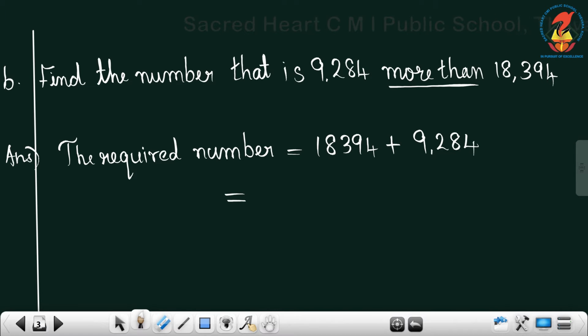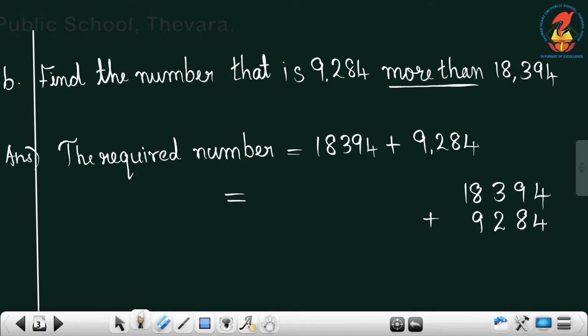So do the calculation in the working column. 18,394 plus 9,284. 4 plus 4, it's 8. 8 plus 9, 17. 1 is carry over. 3 plus 2, 5. 5 plus 1, 6.